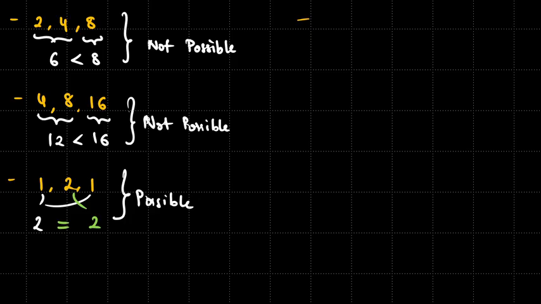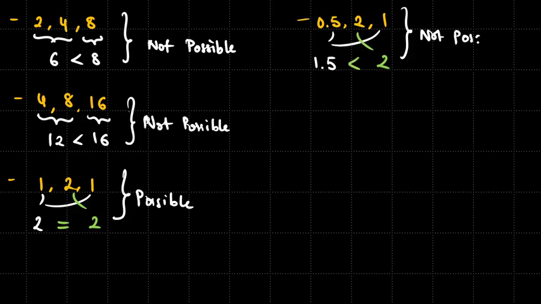And finally, in the last one, which is 0.5, 2, and 1, let's take the smallest ones, 0.5 and 1, which will give us 1.5, which is still smaller than 2. So this is also not possible.